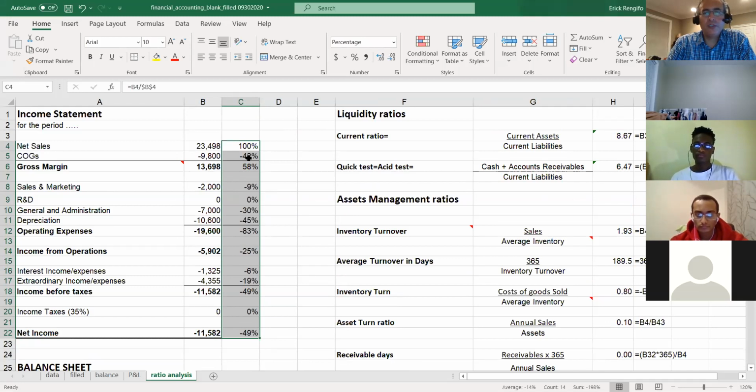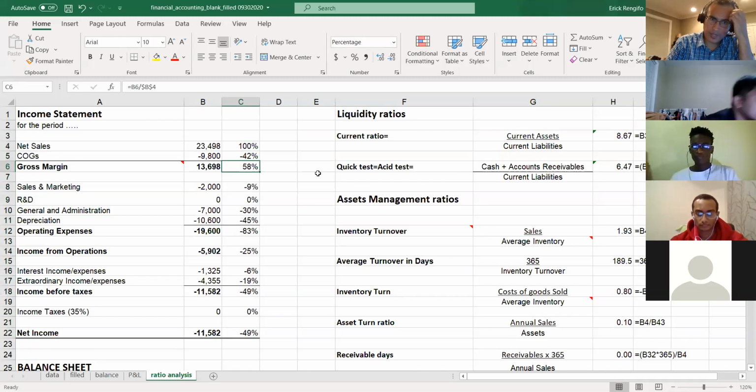You get these numbers? So how do we read these numbers? Basically here what we are saying is that from the 100% of my revenues, 42% is my cost of goods. So this implies that after considering my cost of goods, 58% remains with the corporation. So this is my gross margin.